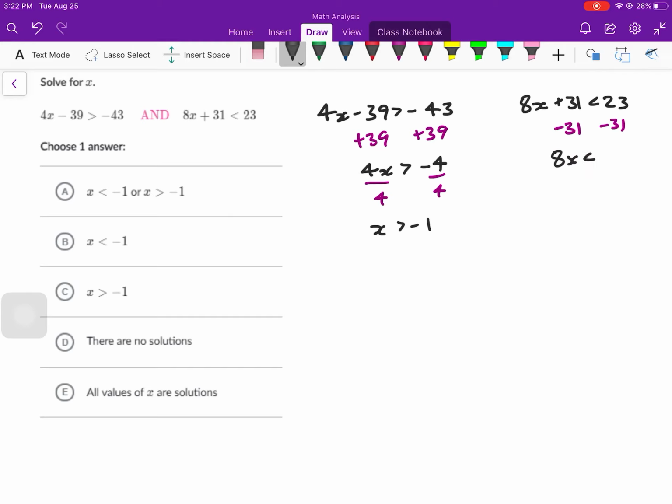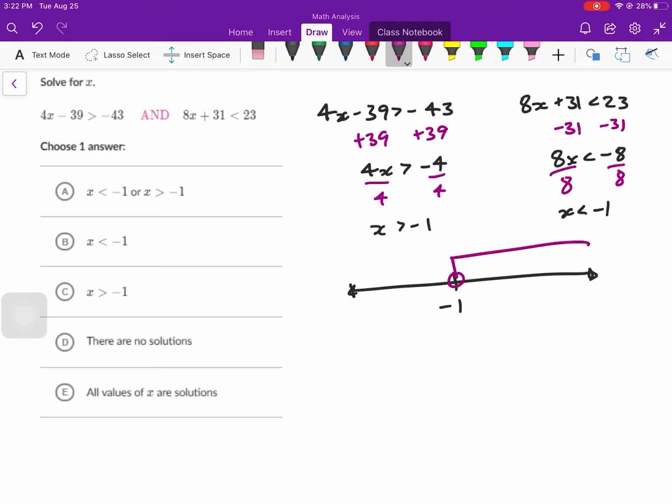It's pretty simple to solve these. All right, so x is greater than negative 1. That's going to be an open point there, and everything to the right. And x is less than negative 1 is also an open point there, and everything to the left. So I think we're going to run into the same situation again, because it needs to satisfy both of these things here.